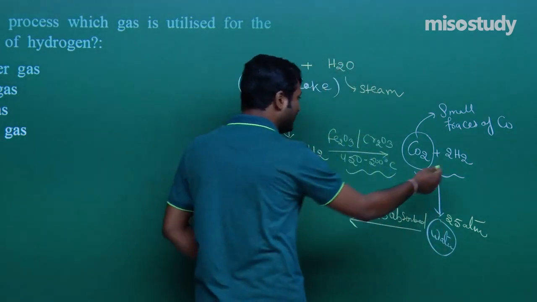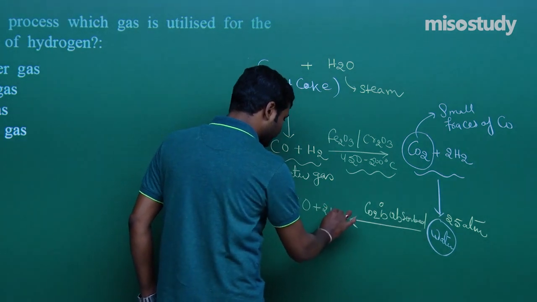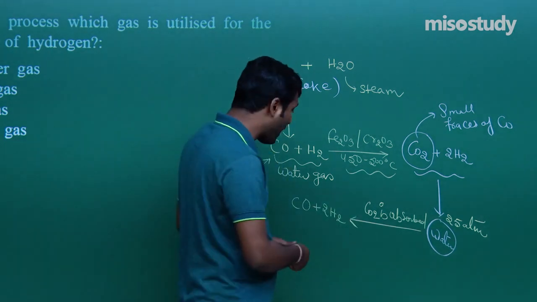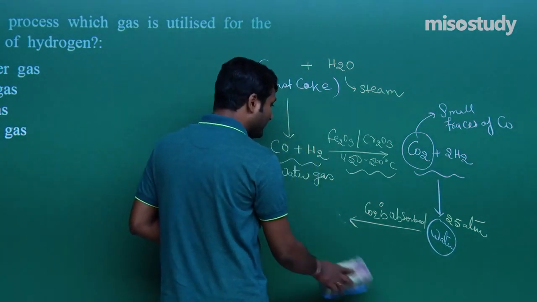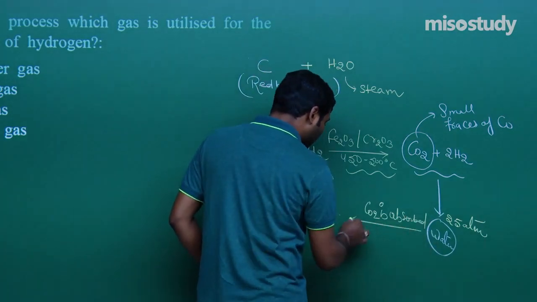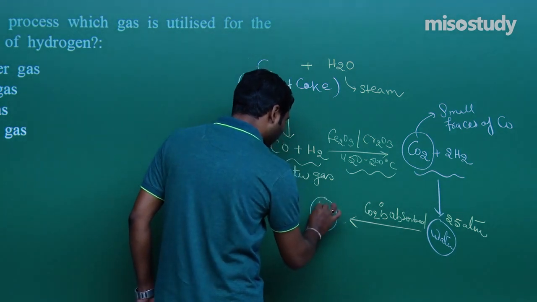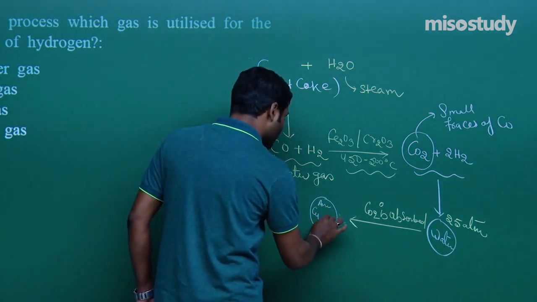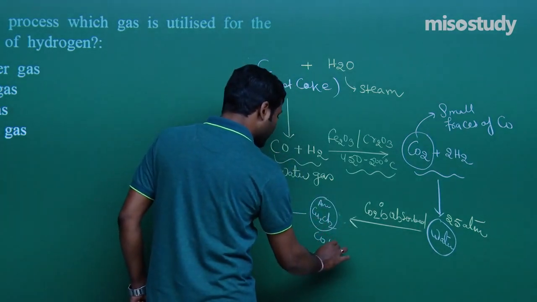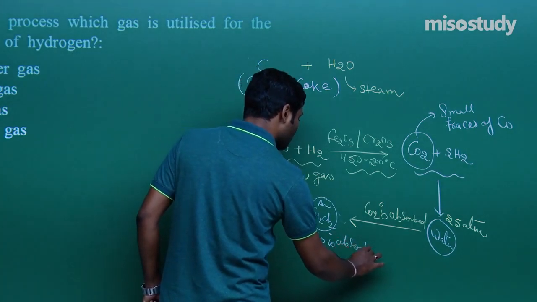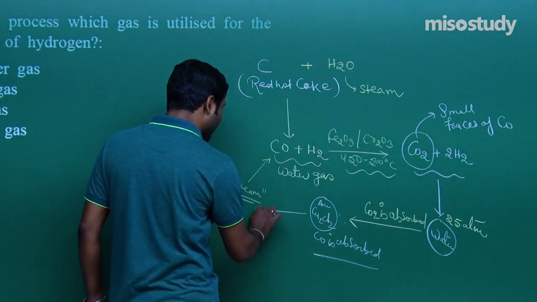Then now it contains a small content of CO and hydrogen. Now, how to remove this carbon monoxide? It's very simple. This mixture is passed through ammoniacal Cu2Cl2. Now, here what will happen? CO is absorbed. Clear? Now, this is again passed through nickel.